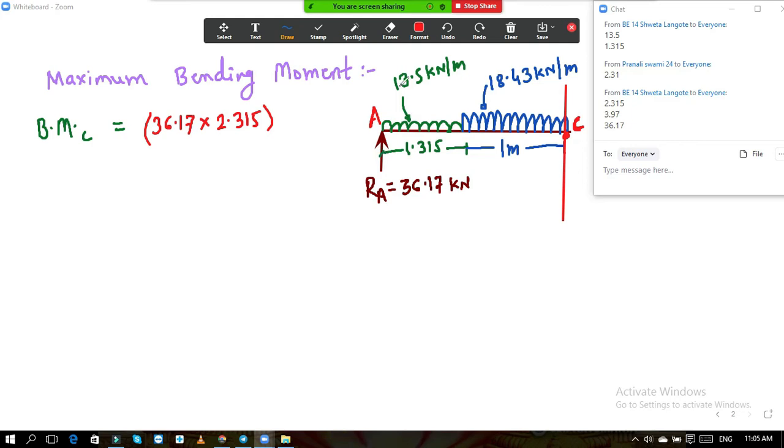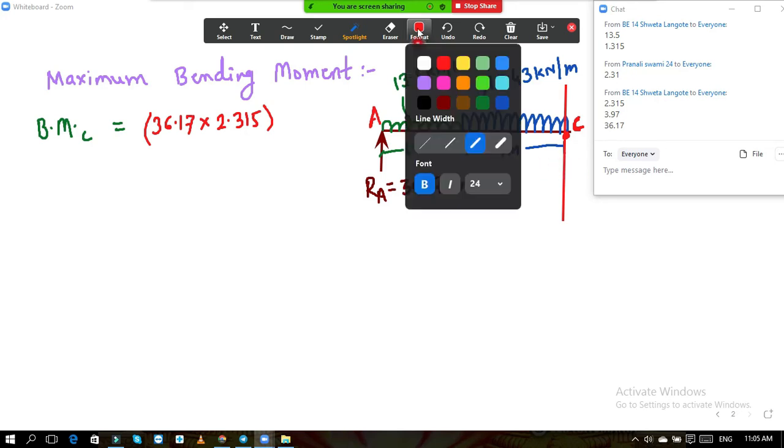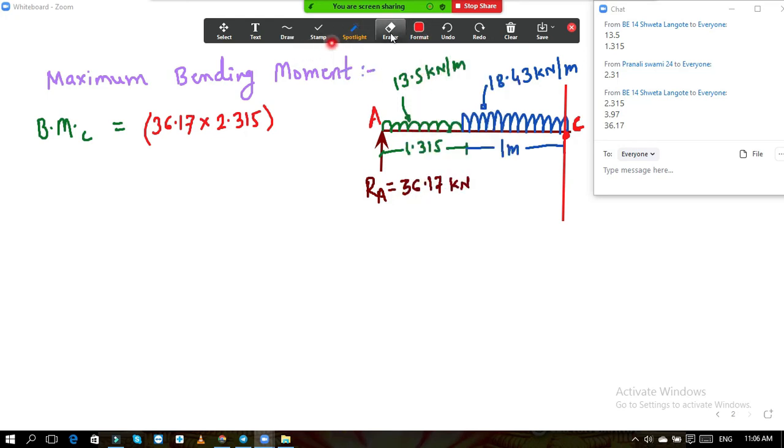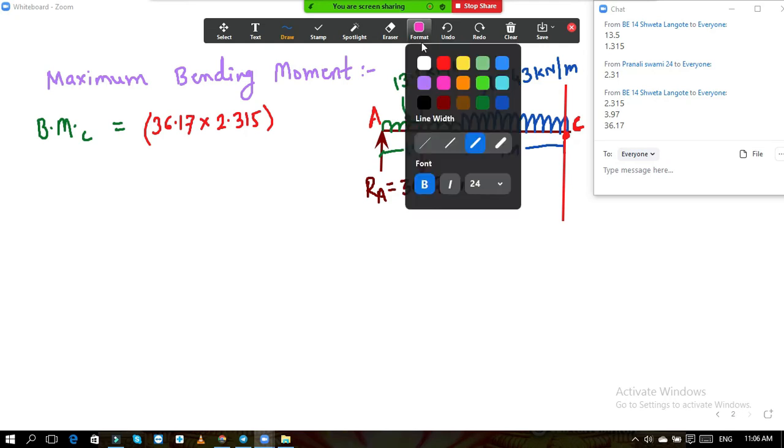Now next is this load, 13.5. First of all, you need to convert this UDL into a point load. Then that point load will act at the center of this span, and from that center you need to calculate the distance from the section, point C. If you convert this, it will act somewhere here. It is moving down, so obviously it is minus.